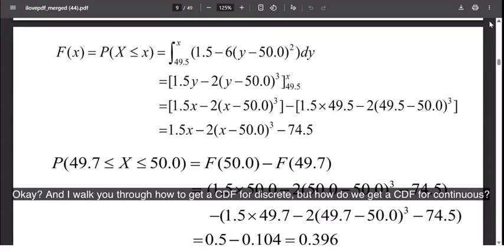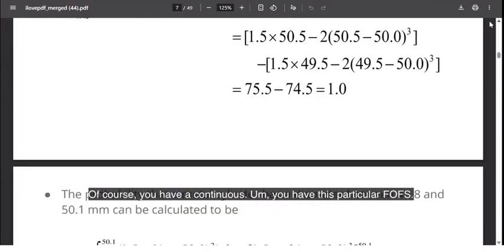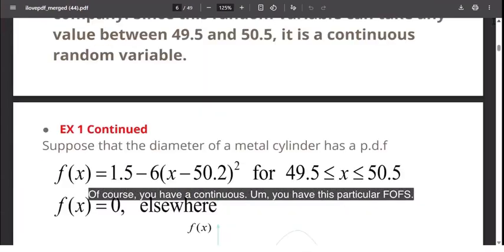And I walked you through how to get a CDF for discrete. But how do we get a CDF for continuous? Of course, you have a continuous f of x. This is a PDF. How do we get a CDF from a PDF? Please pay attention.